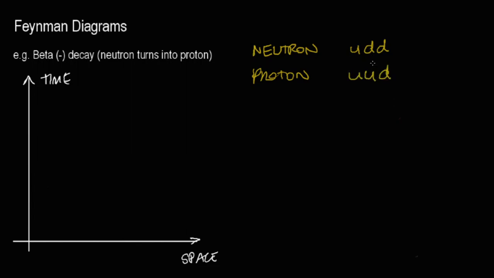So what's actually happening here is that one of those quarks, a down quark, is turning into an up quark. When that decay happens, an exchange particle called a boson will carry that message away from the particle. And that boson will then turn itself into an antineutrino and an electron.